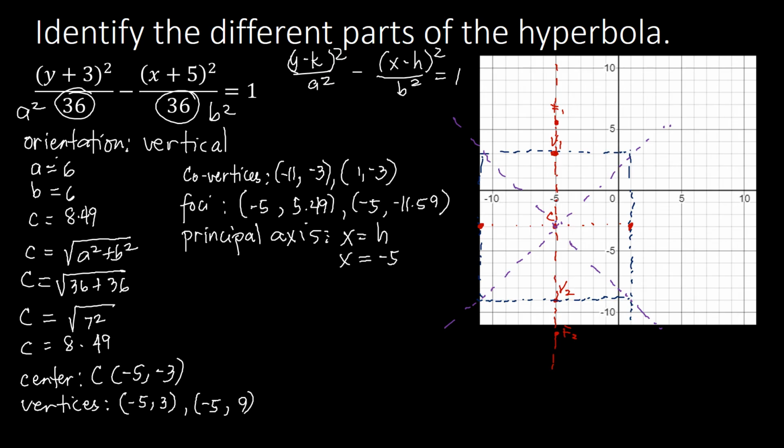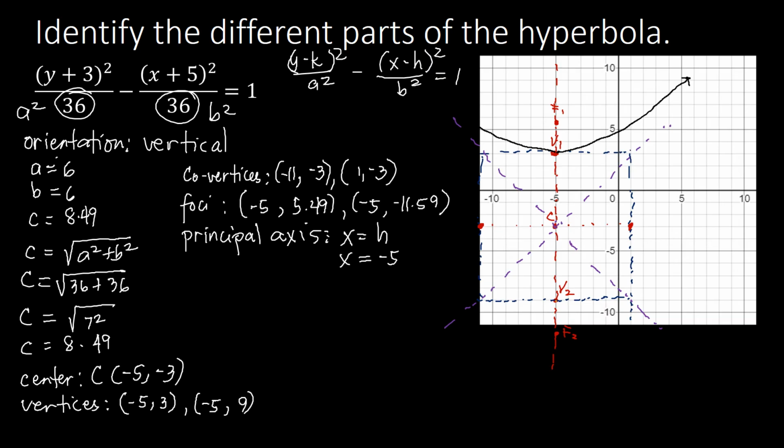Next, we will be drawing our hyperbola. From the vertex, we will be drawing approaching the asymptote line. And then here, we've got also the vertex. Let me just change my color so that everybody can see.